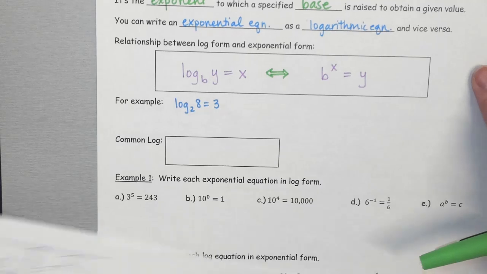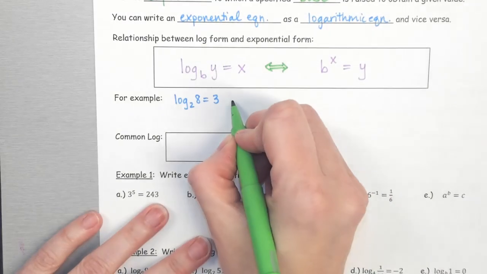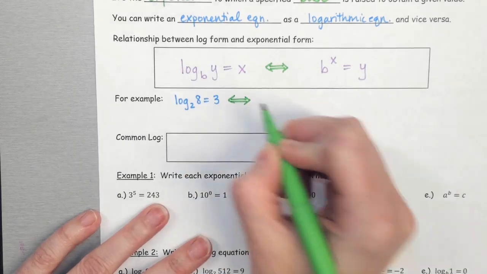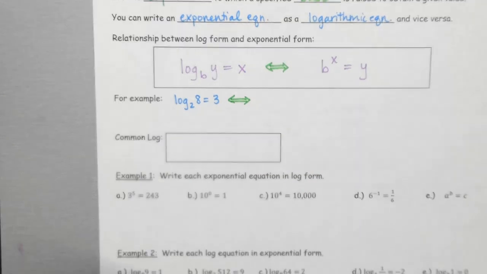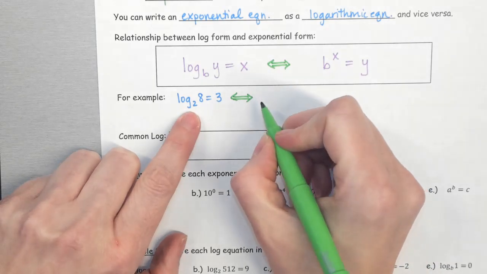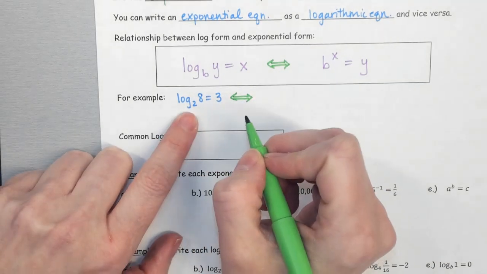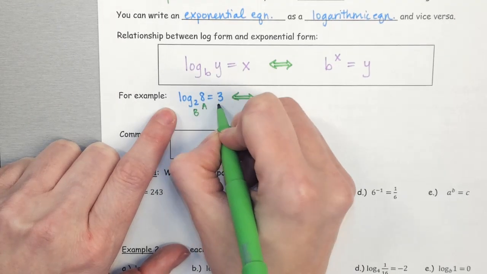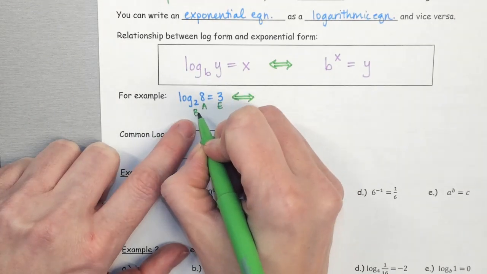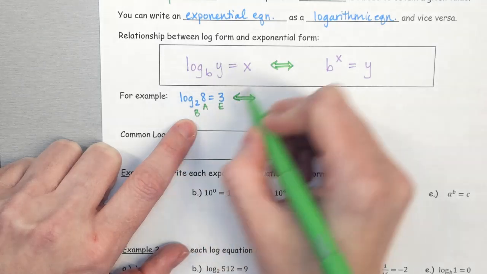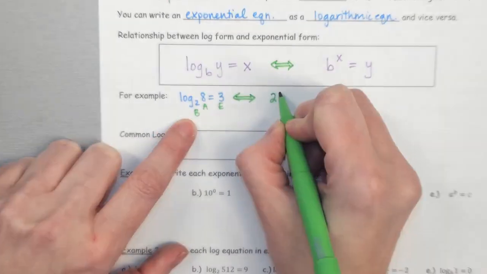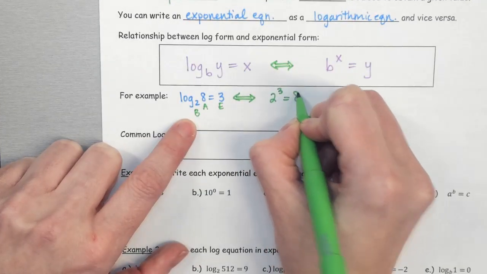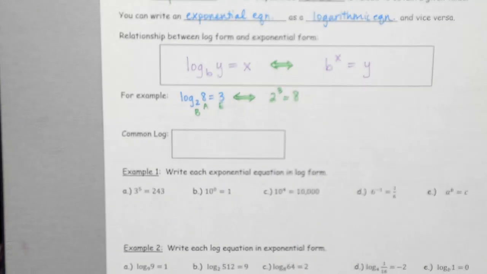Once you have that written out, you can write this in exponential form. The exponential form should also be true. One thing I give students to help them remember is base, answer, exponent. So the base is 2, the exponent is 3, the answer is 8.